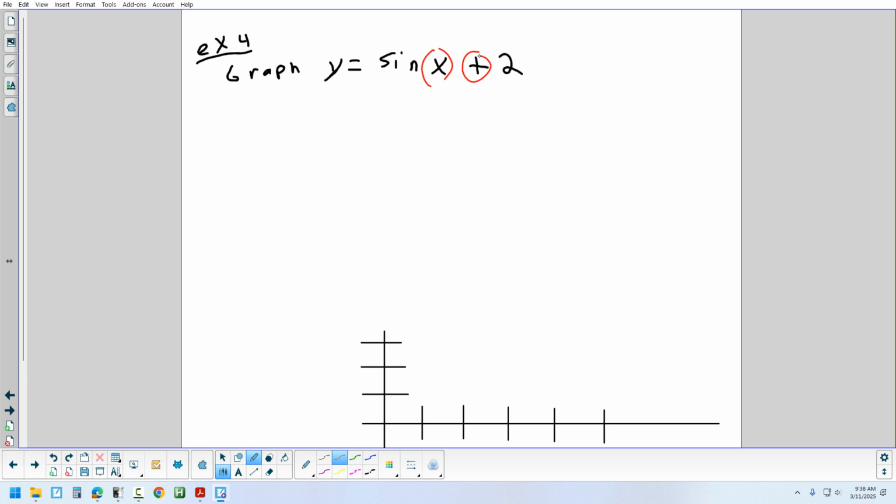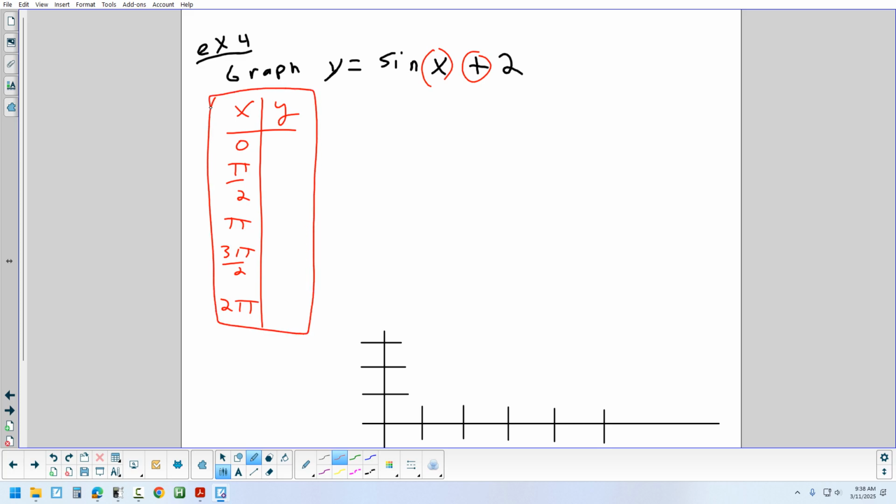All right, let's make our table. We're going to be shifting vertically, so which column is going to stay the same? X's. Yep, x's stay the same, so I'm going to write those down. Hopefully you're starting to get familiar with those because we use those numbers a lot.